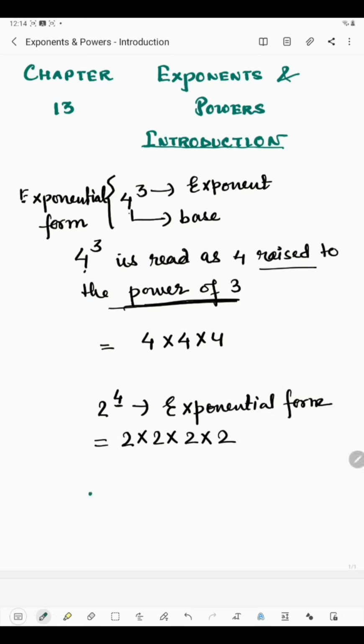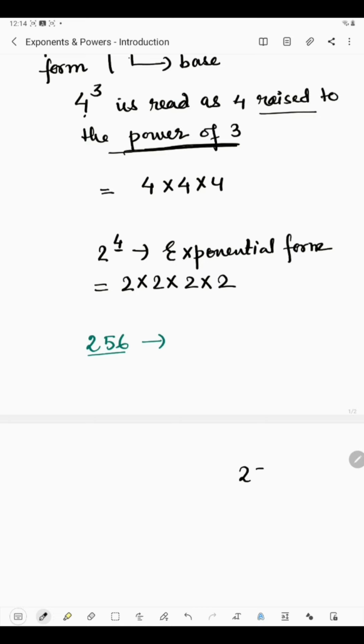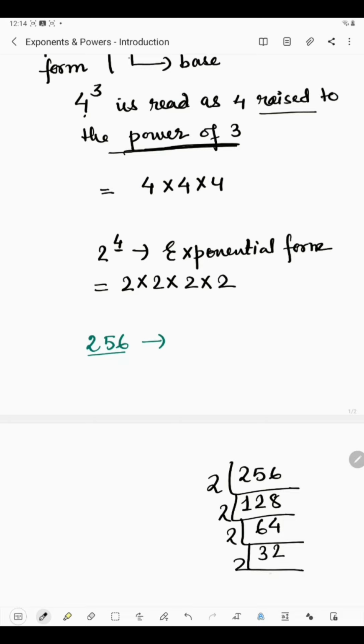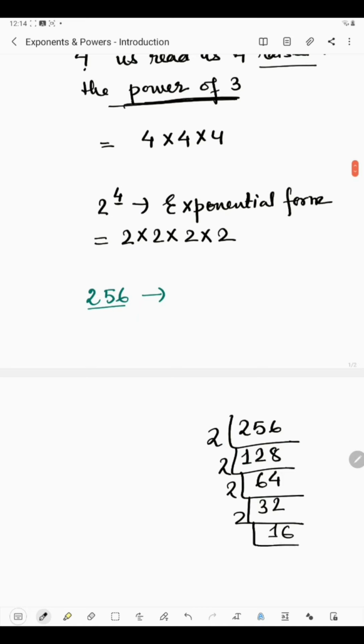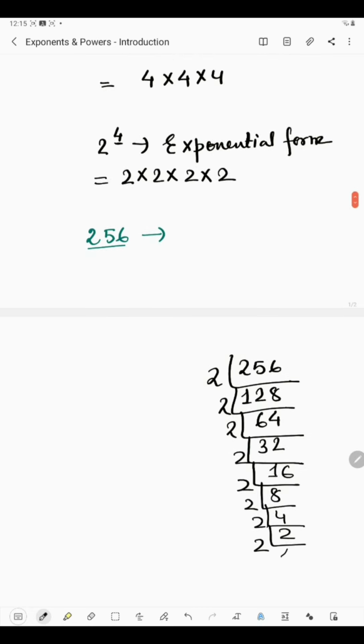One number is given, say 256, and we will have to express this in exponential form. For this we need to find the prime factors of 256. So we'll start with 2. 2 ones are 2, 2 twos are 4, 2 eights are 16, 2 sixes are 12, 2 fours are 8, 2 threes are 6, 2 twos are 4, 2 sixteens are 32, 2 eights are 16, 2 fours are 8, 2 twos are 4 and 2 ones are 2.